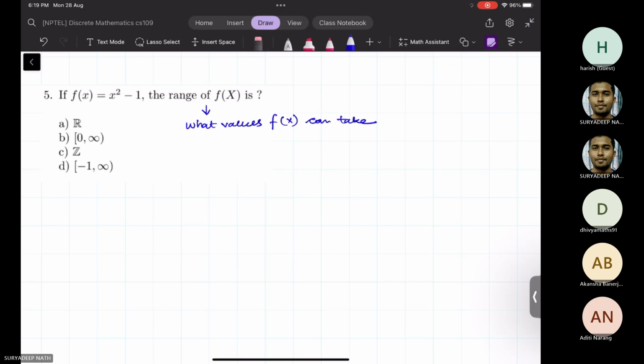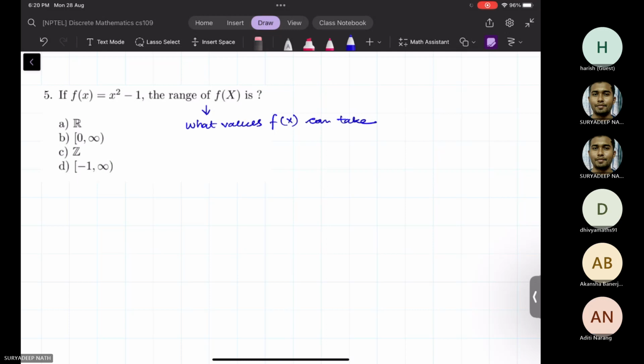What do you think, what values can f(x) take? Right, you're right.